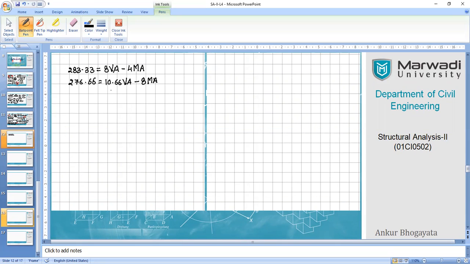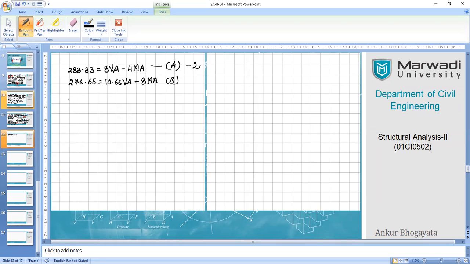All right. So now you would be able to see that if I simply multiply equation A with negative 2, I will be able to cancel MA out of this, and I'll be getting the unknown value of VA. That is what our target is, because ultimately, if we get the value of VA, we will be able to calculate the value of MA also.